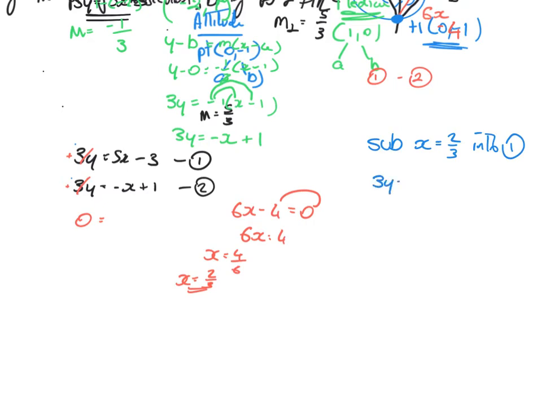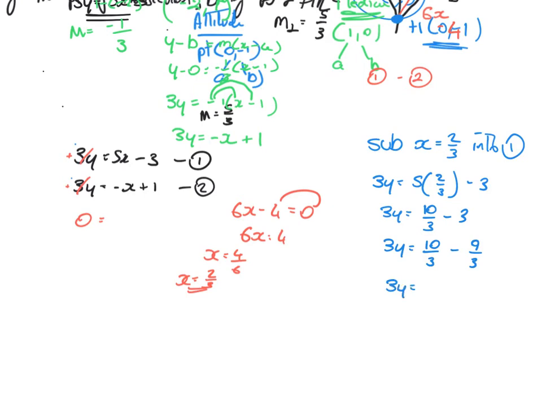That's going to be 3y equals 5 lots of x, but that's 5 lots of 2/3, minus 3. Okay, so 5 lots of 2/3 is going to be 10/3 then, minus 3. I'm going to change 3 into thirds, so that would be 9/3, since 9/3 is equal to 3.